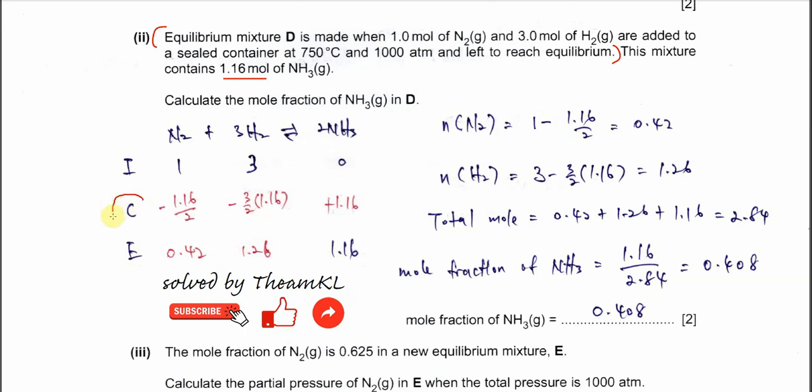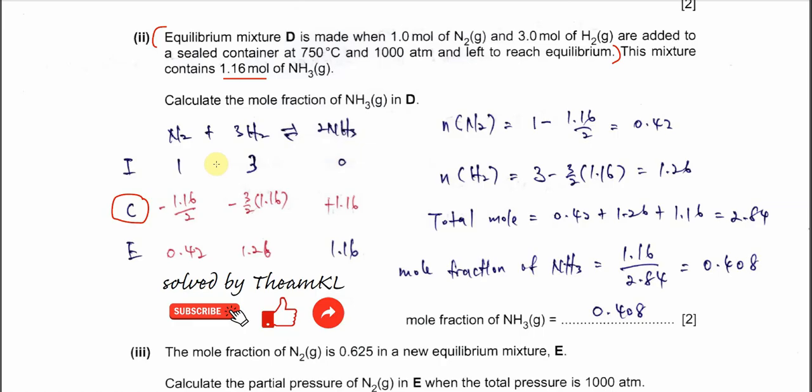For the change, ammonia is plus 1.16. For the nitrogen and hydrogen, they must minus, meaning they must reduce, because the nitrogen and hydrogen must react to form the ammonia, right? Therefore, their moles must decrease.